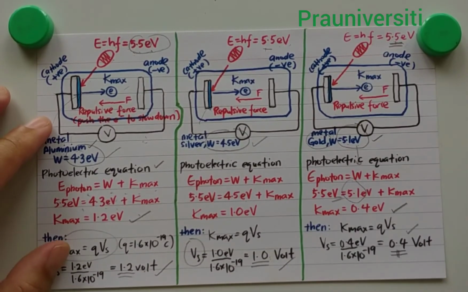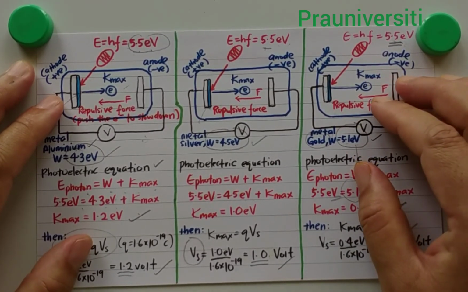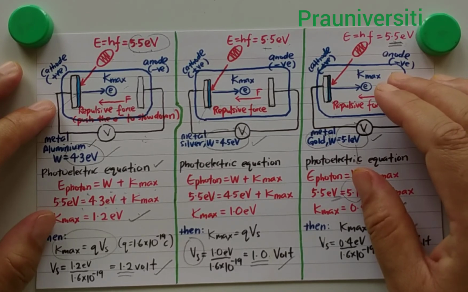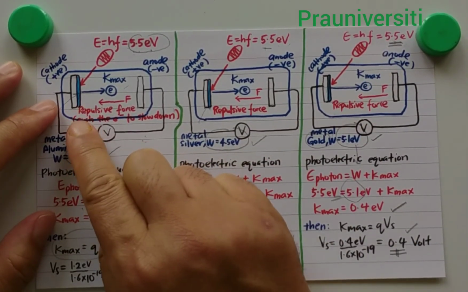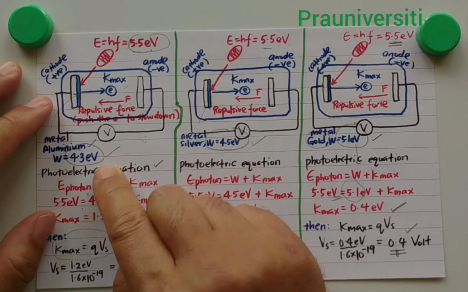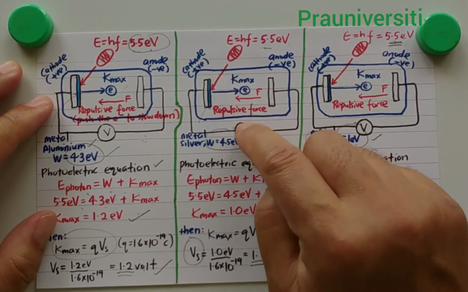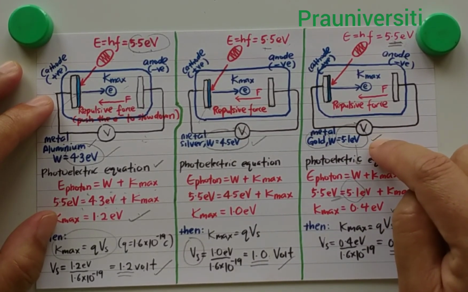To give you the conclusion: when you change the materials, we have different work functions. Aluminium is 4.3 electron volts, silver is 4.5 electron volts, and gold is 5.1 electron volts.